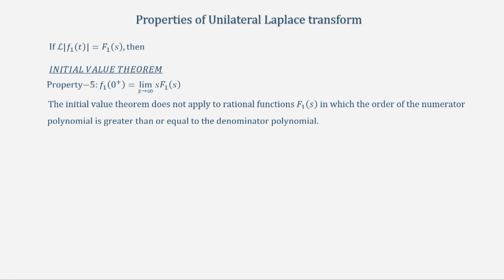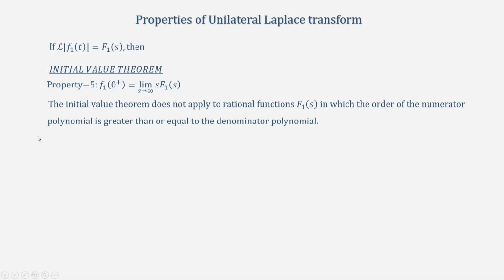This formula does not apply to rational functions F1(s) in which the order of the numerator polynomial is greater than or equal to the denominator polynomial. If the numerator's degree is greater than or equal to the denominator's degree, then you cannot use this formula. Then you might have to directly look at the function and find out the initial value. This formula is not valid then.